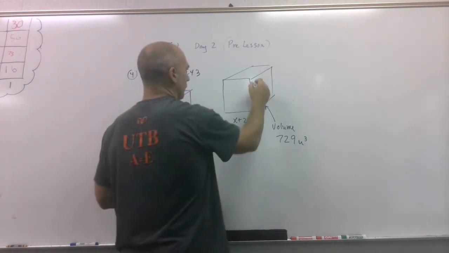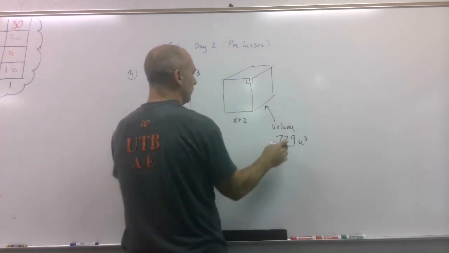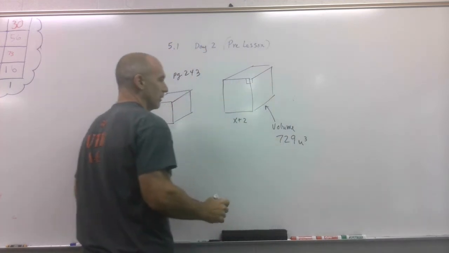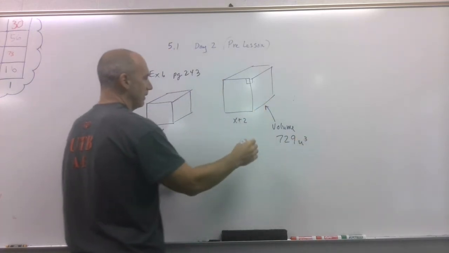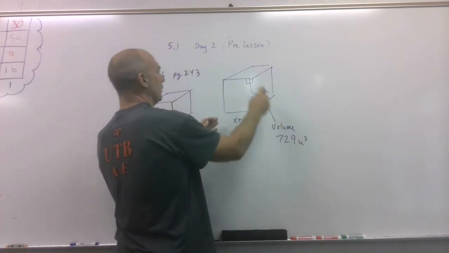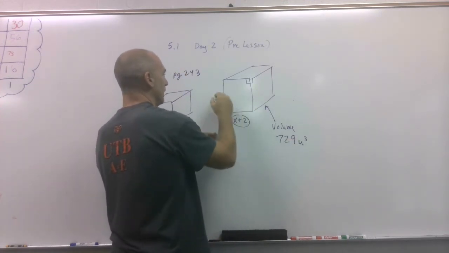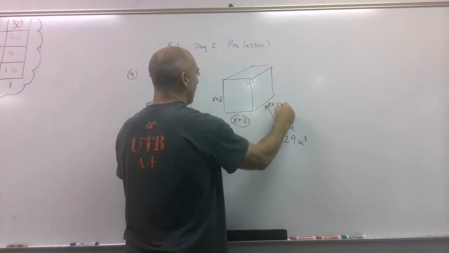So it's like you pick out one of these little cubes that's 1 by 1 by 1. There'd be 729 of those packed in here. So the volume of this cube is 729, which means this side has to be the same as that, and the same as that.